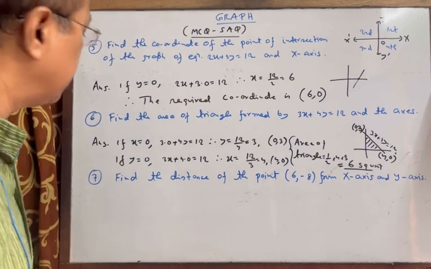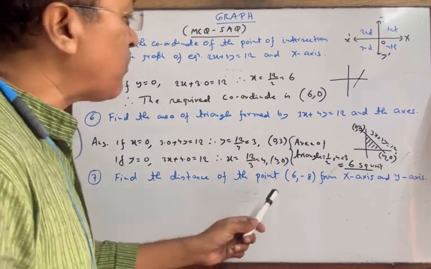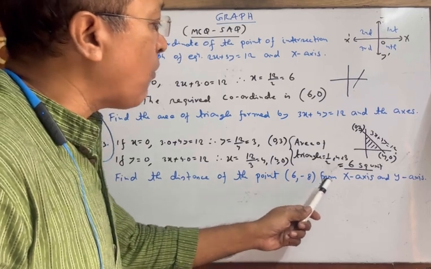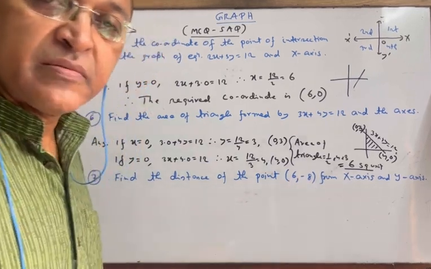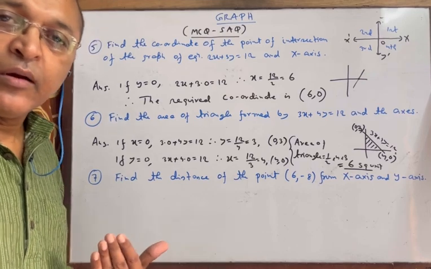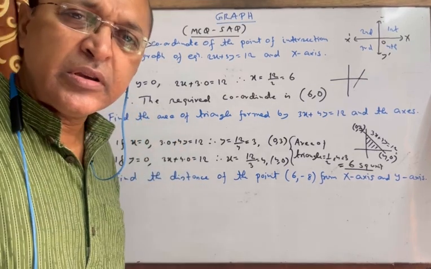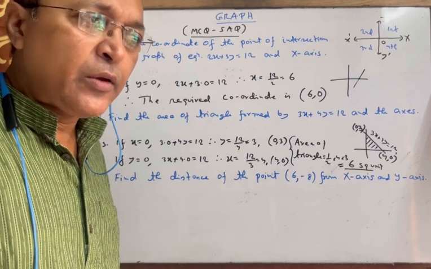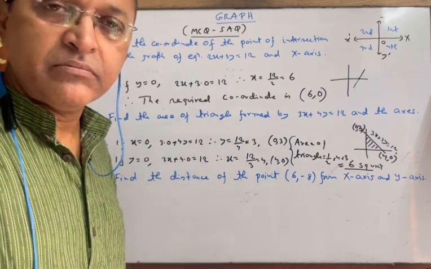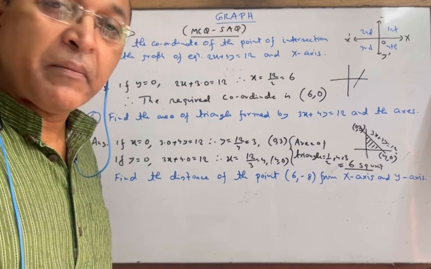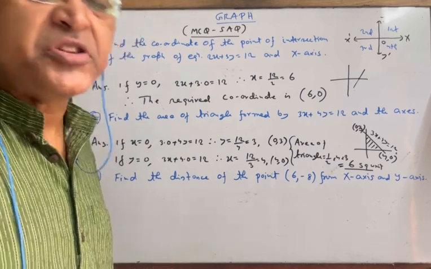Next question. Find the distance of the point (6, -8) from the y-axis and x-axis. While doing these sort of problems, you need to draw a rough diagram. That will make your job easy.